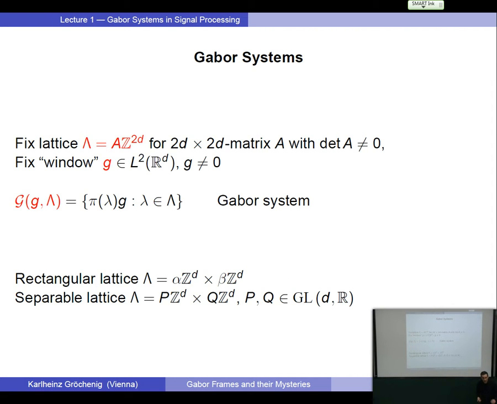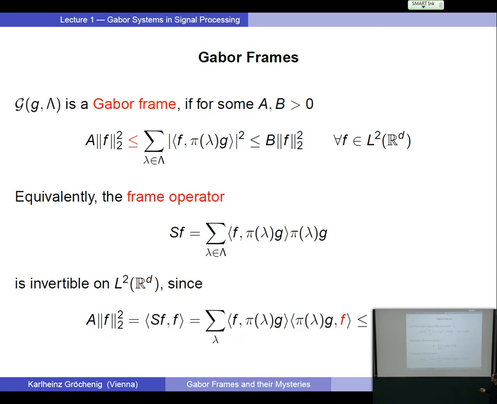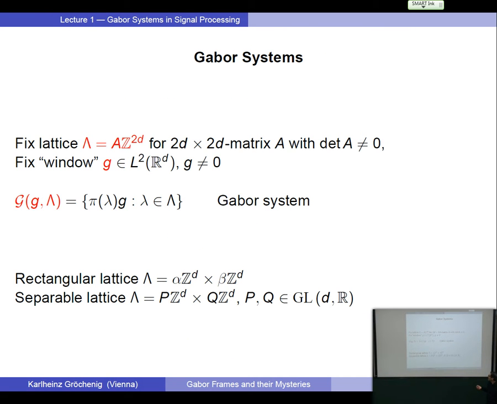So then we looked at certain sets of time frequency shifts that are labeled by a lattice. A lattice is essentially the integer lattice Z^2d in time frequency space, and then it's deformed linearly by an invertible 2d by 2d matrix. And the set of all time frequency shifts generated by such a lattice is a Gabor system.